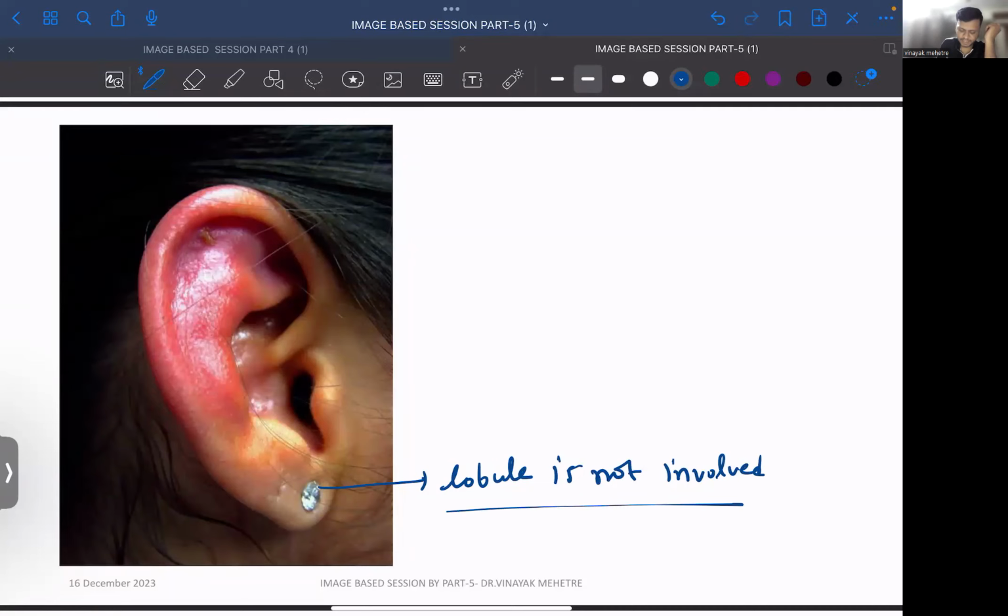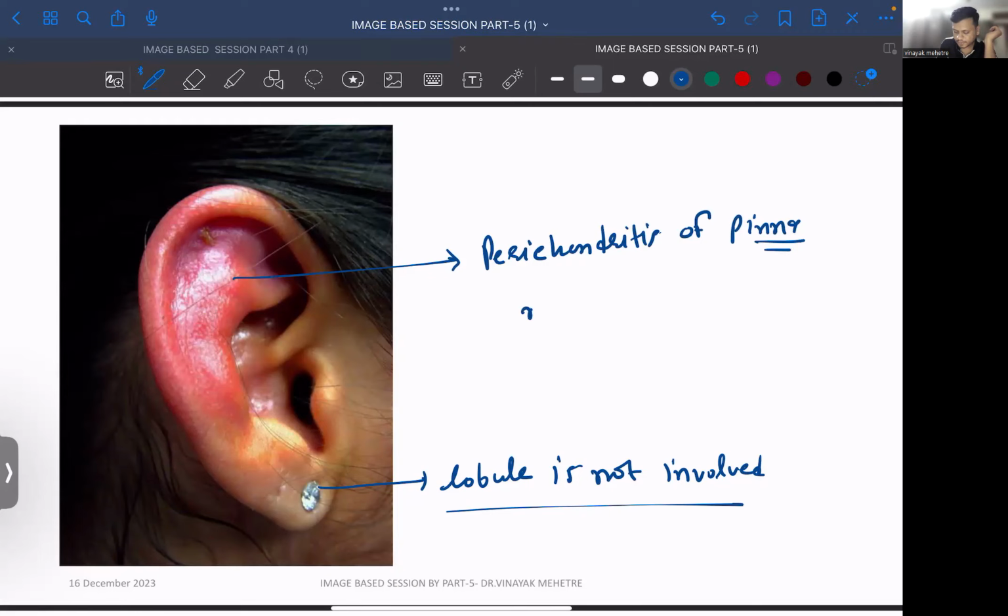Yes, it is called perichondritis. The reason this part is not involved is because it contains fat. It does not have cartilage. If cartilage was present in the lobule, this would also be involved. So it is a disease of cartilage, called perichondritis of the pinna.